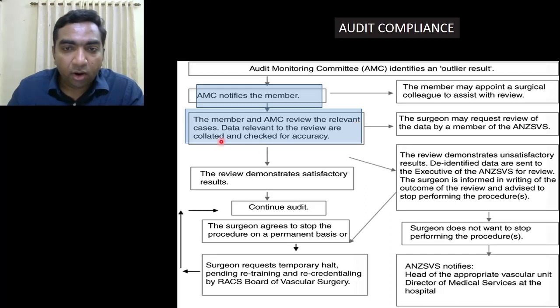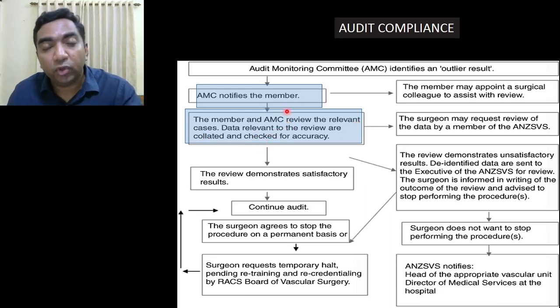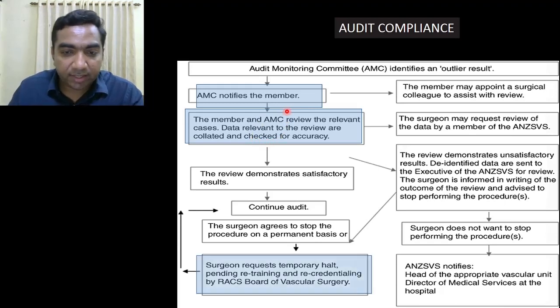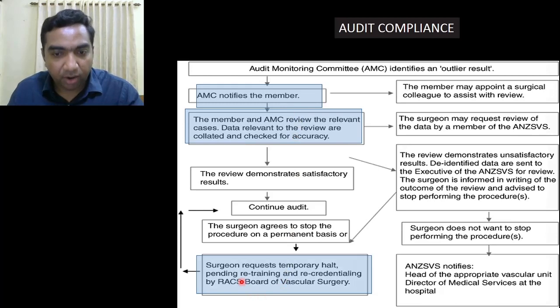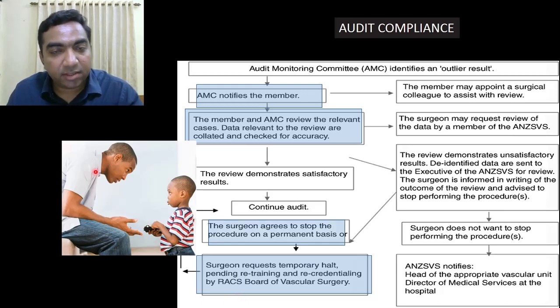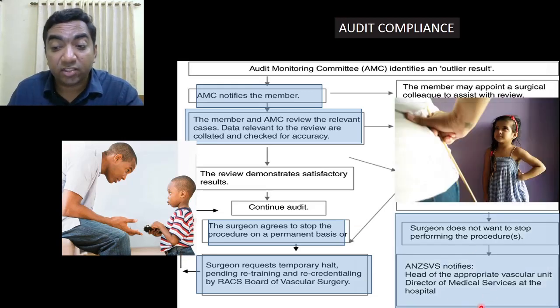So the audit monitoring committee will again review the data which is collected, and based on that it will tell the surgeon to temporarily halt the procedure, take retraining, and then go for the surgery again. So the audit monitoring committee will tell the surgeon to be a good boy.